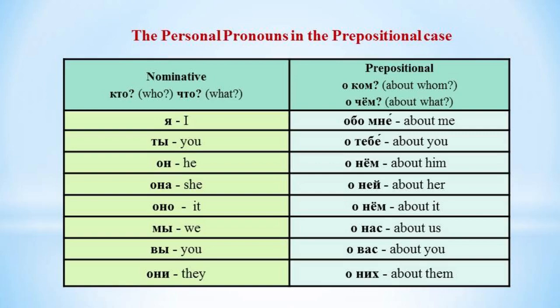You will be ты, and about you will be о тебе. Он о нем. Она о ней. Оно о нем. Мы о нас. Вы о вас. Они о них. By the way, if you forgot the difference between ты and вы, you can check this video and it will help you understand it.